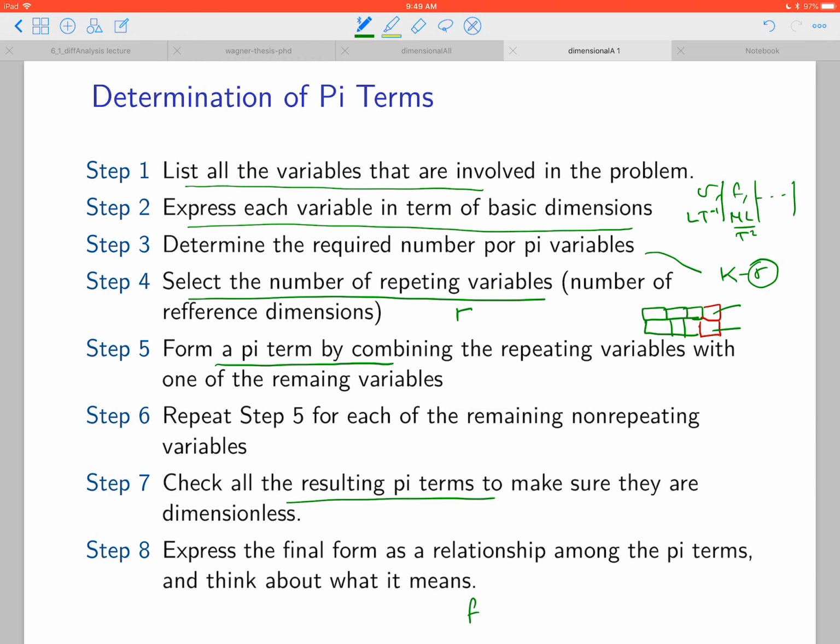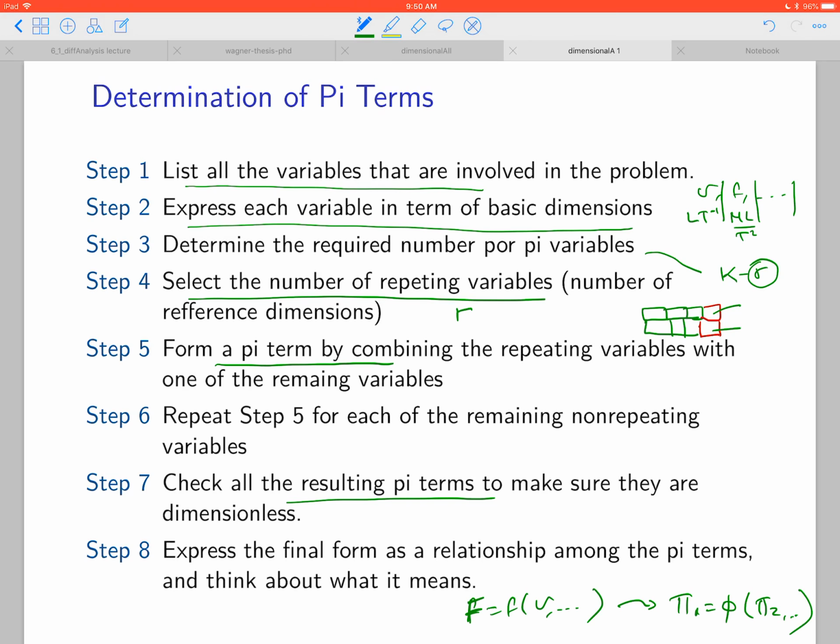Remember, you start from something like, in this case, the force equal to a function of velocity, whatever, and then you're going to end up with a different relationship, pi 1 equal to phi of pi 2, and so forth, the number of pi variables that you have.